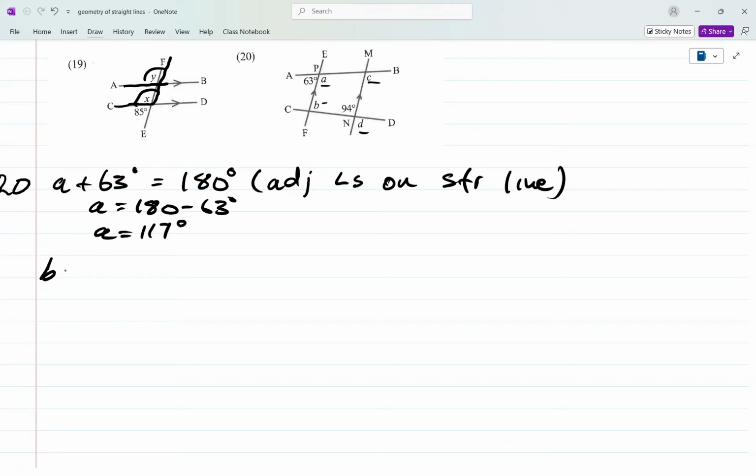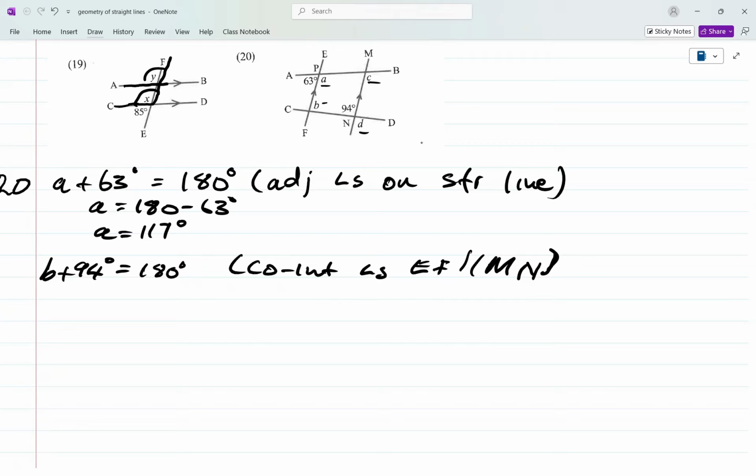Right, from here, I'm going to calculate B. I'm going to say B plus 94 degrees, I must get 180. Why am I saying that? Co-interior angles, because EF is parallel to MN. This line here was given to us as being parallel to that.